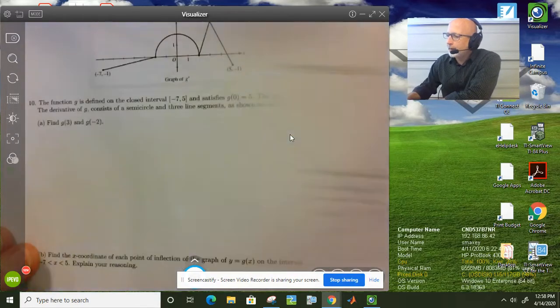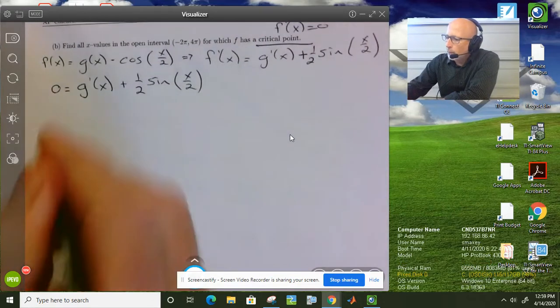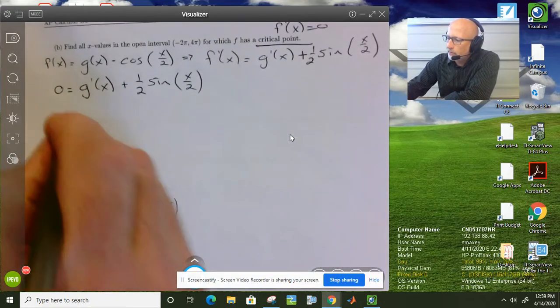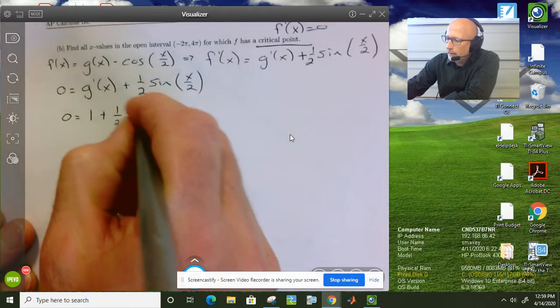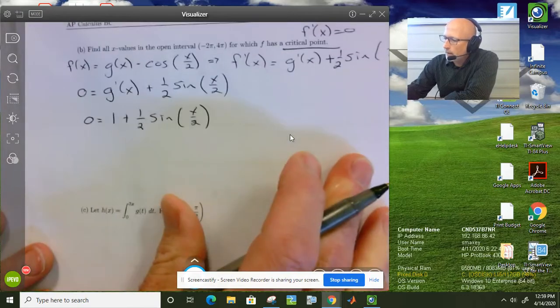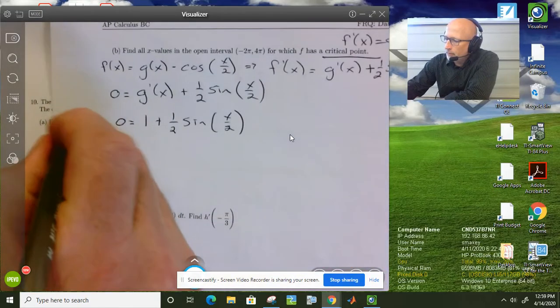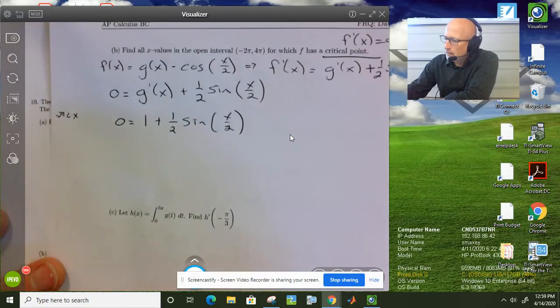So I can come back here and I can basically write this up in two different ways, okay? So one of them is going to be 0 is equal to 1 plus 1/2 sine of x, all over 2. And this is the case when x is between -2 pi and 0.